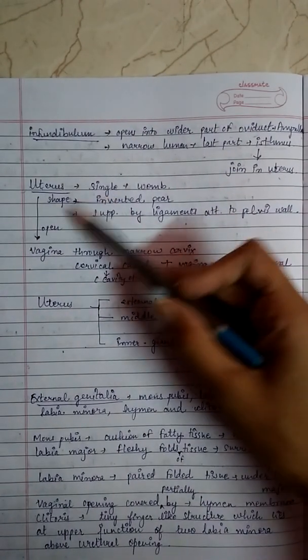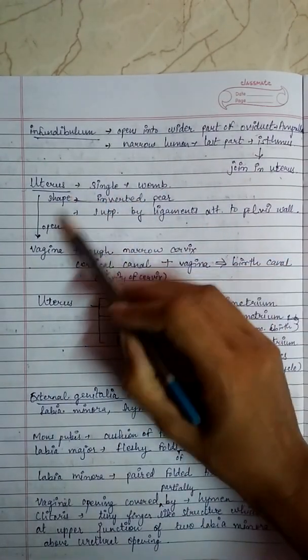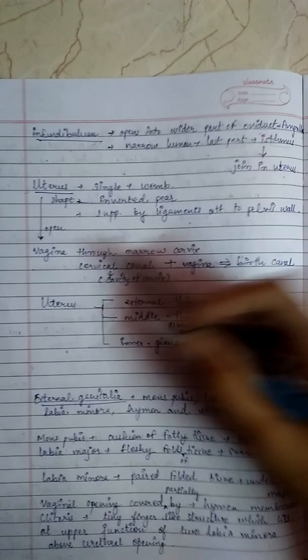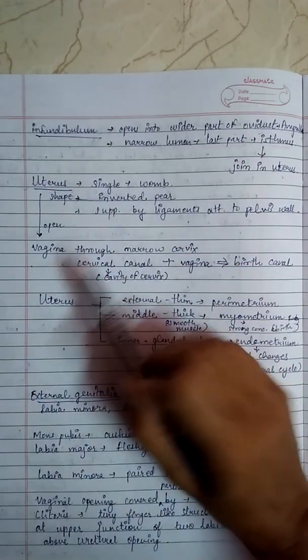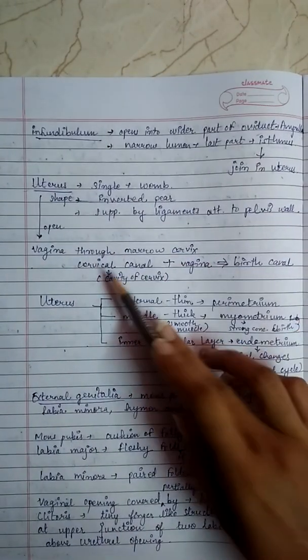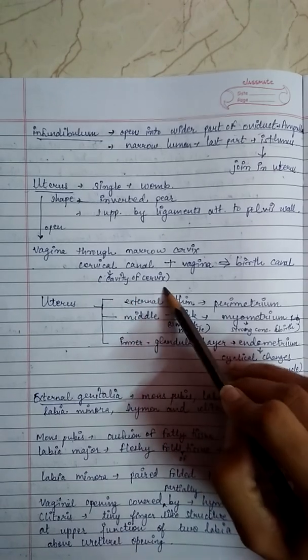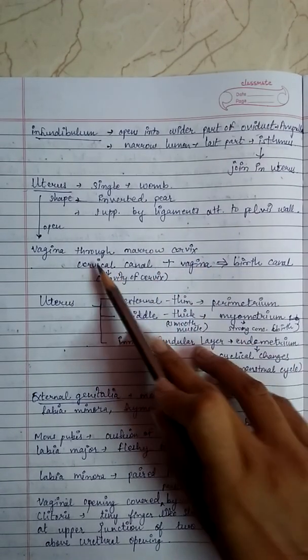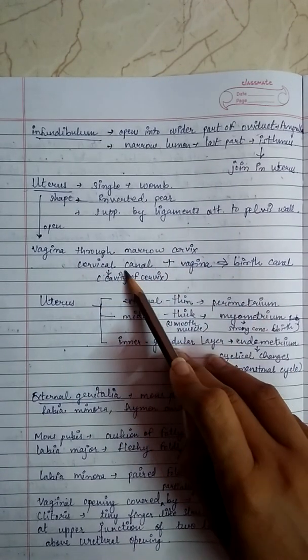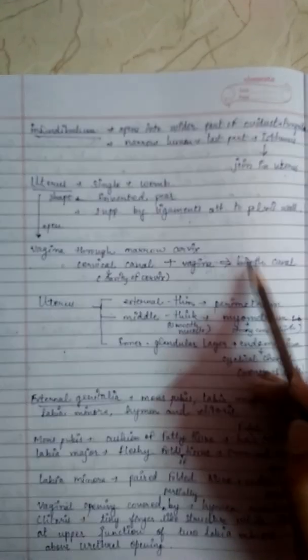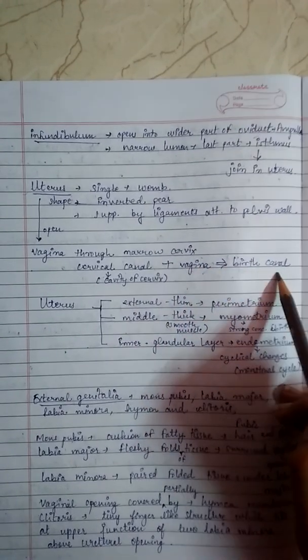All details are given. What is the uterus? A single womb, shaped like this, supported by ligaments, which opens into the vagina through a narrow cervix. The cervical canal is the cavity of the cervix. The cervical canal plus the vagina together are known as the birth canal.